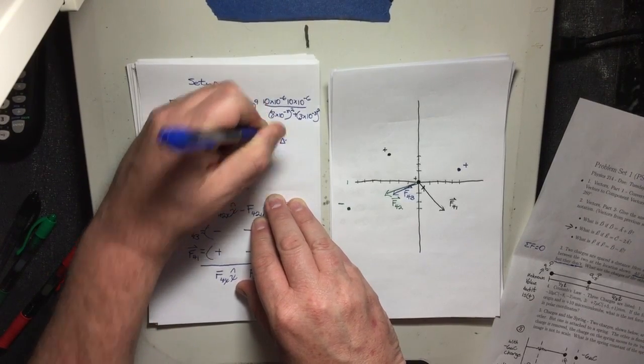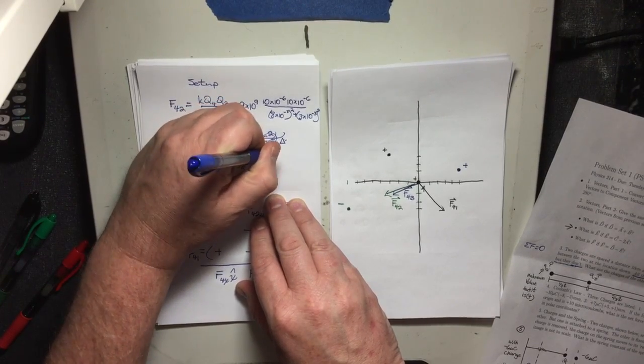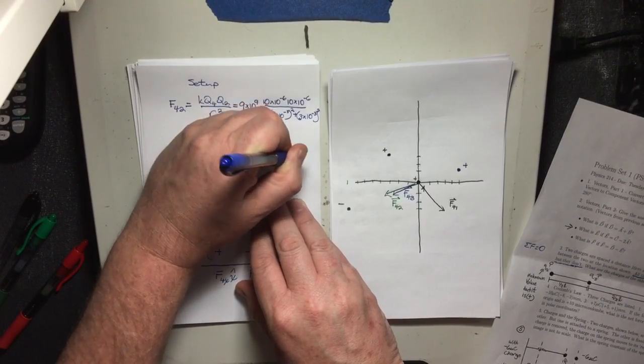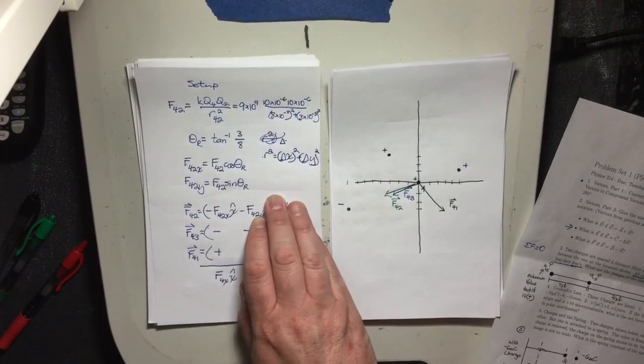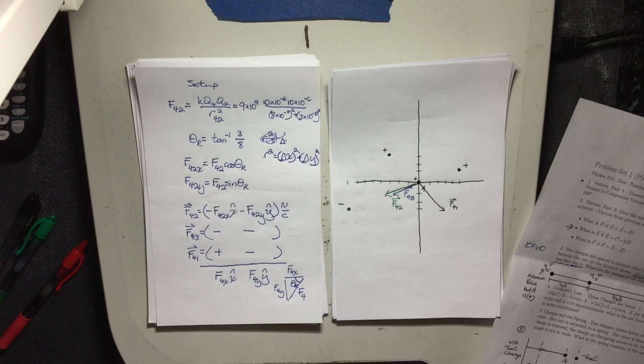Hold on, let me rephrase this because I want to get this right. r squared is delta x squared plus delta y squared. Oh, is it Pythagorean theorem? It's Pythagorean theorem. I just substituted the r squared with delta x squared plus delta y squared. That's what I did. Yeah, I was wondering where you got the r squared from. Okay.